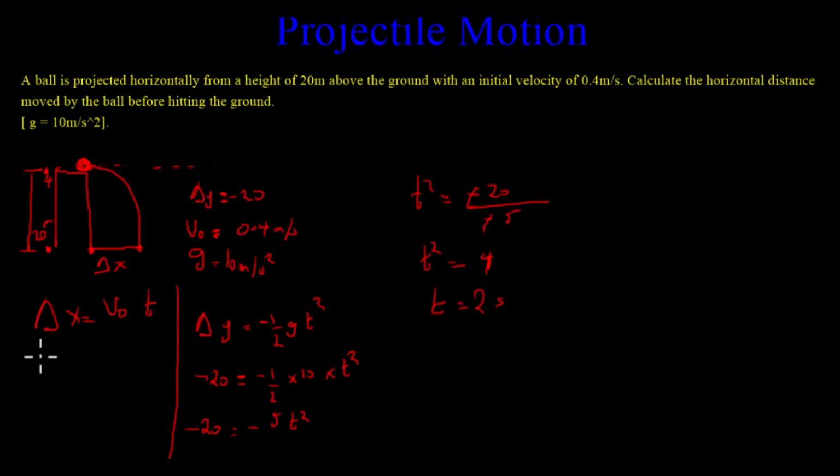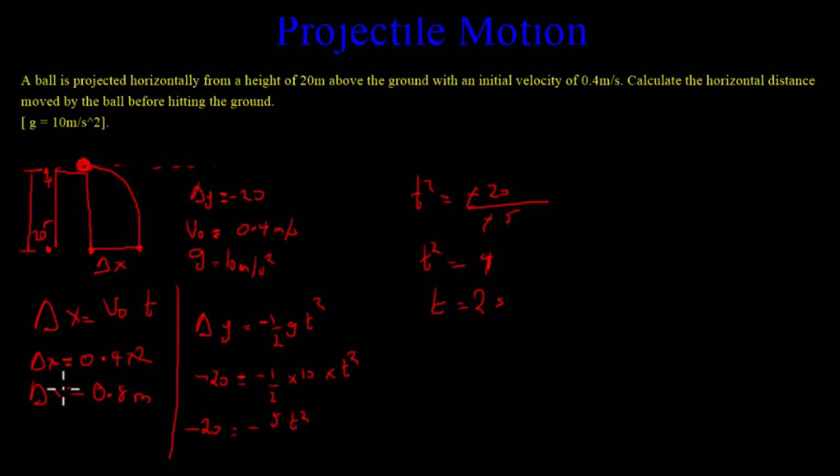And then we can come back here and say delta x must now be equal to 0.4 times 2, which is equal to 0.8 meters.